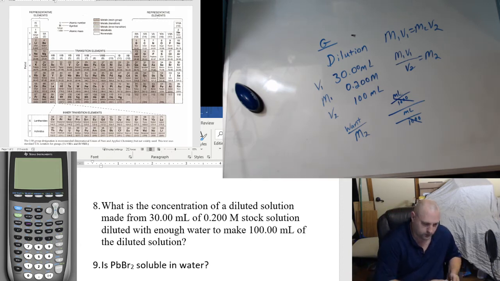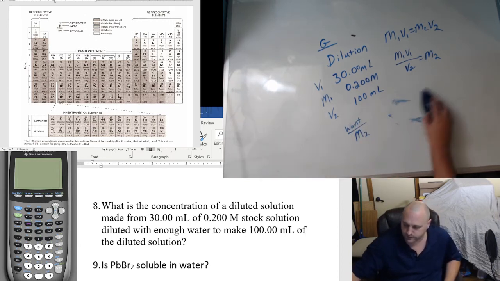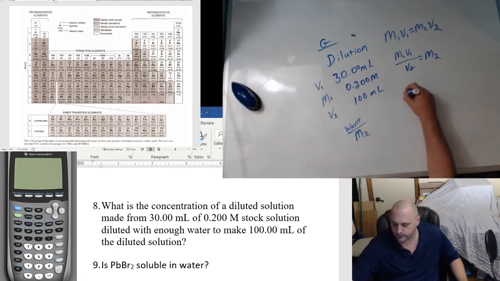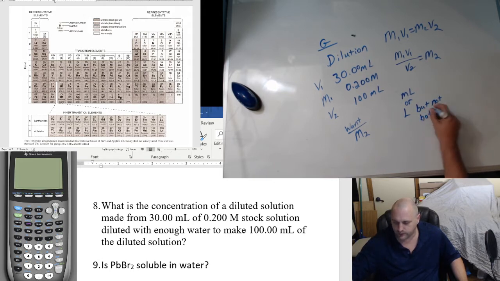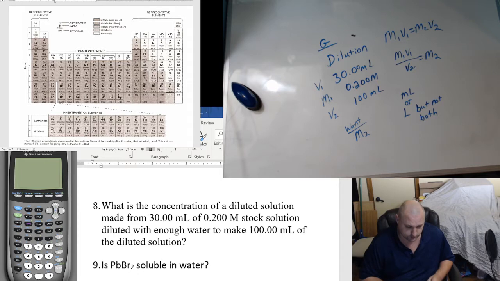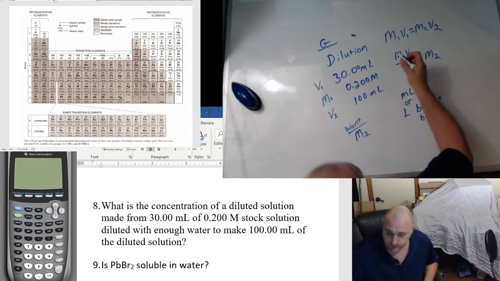So with these dilution problems, you can save a lot of time. You can do things in milliliters or liters, but not both. In other words, they have to both be in milliliters or both be in liters. You can't have one in milliliters and one in liters. So since they're both in milliliters, I'm ready to just plug them in.